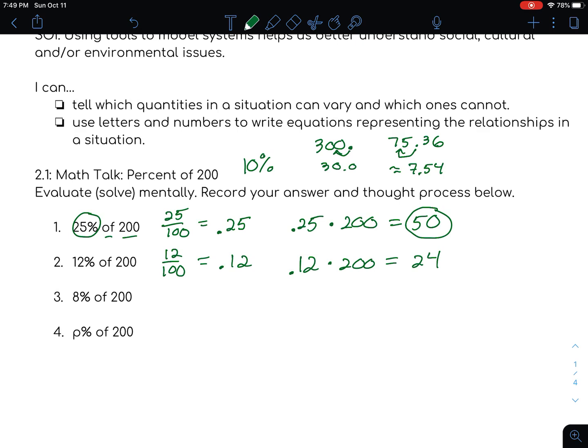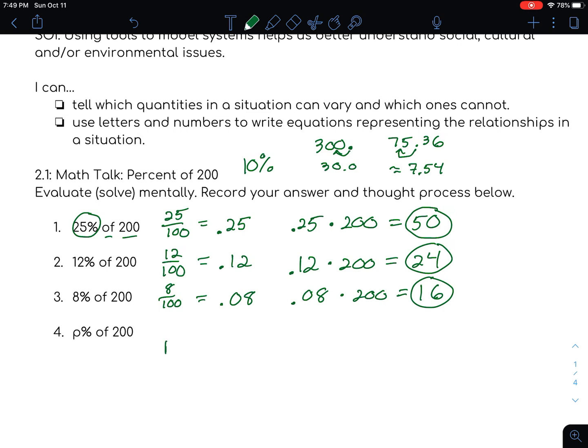All right. Let's do the next one. 8% of 200. So 8% is 8 100ths. And that as a decimal, 8 100ths is 0.08. So 0.08 times 200. And that is 16.